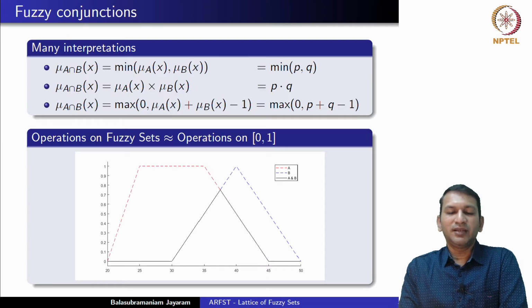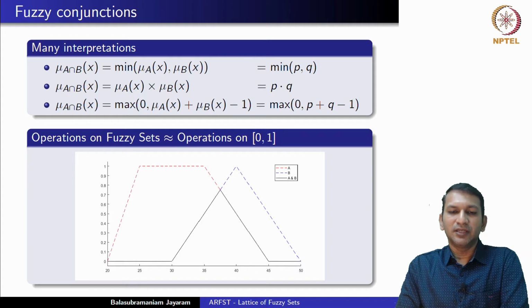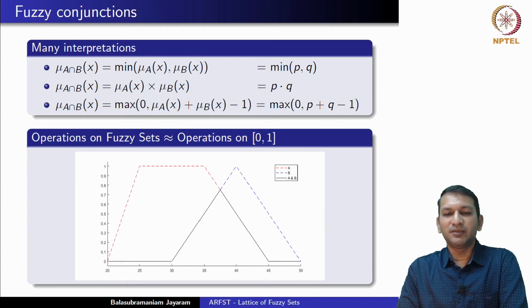Recall that when we discussed that operations on fuzzy sets can be seen as operations on the unit interval 0-1, we had many interpretations for the fuzzy conjunction. Given these two fuzzy sets A and B, as denoted by the red and blue curves, we saw that if we were to use the min operation, then the fuzzy set that we obtain is given in black.